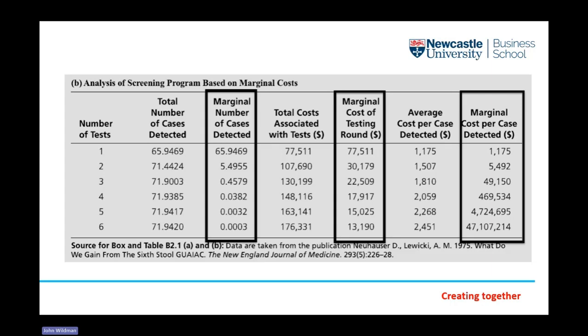The intensive margin is now how many tests should we do? But it's still all margin analysis. Going from 0 to 1 is still a margin analysis as going from 1 to 2. We just think of them as slightly different margins that we're dealing with. But it's a nice learning tool to say, once we think at the margin, we can get to very, very different conclusions in terms of cost effectiveness.